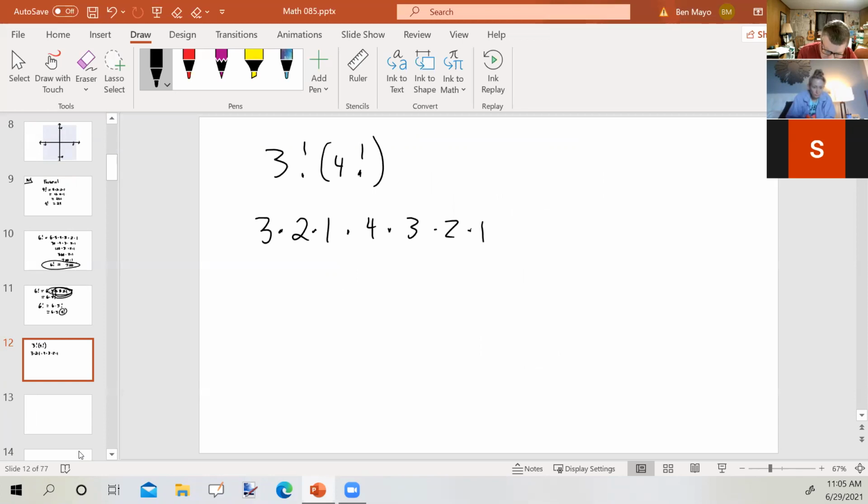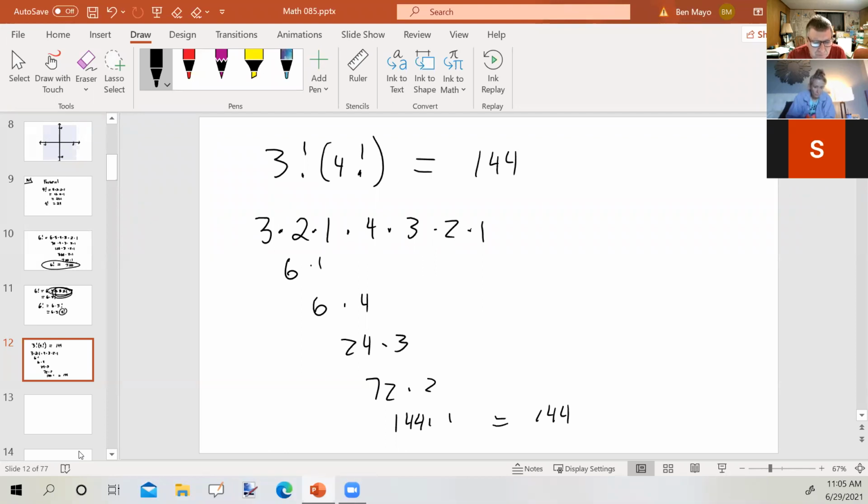Well, 3 times 2 is 6, times 1 is 6, times 4 is 24, times 3 is 72, times 2 is 144, times 1 is 144. So this is equal to 144. Basically 3 times 2 times 1 times 4 times 3 times 2 times 1.